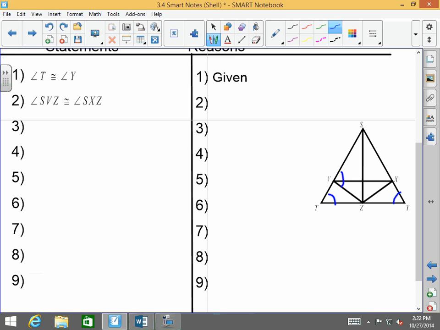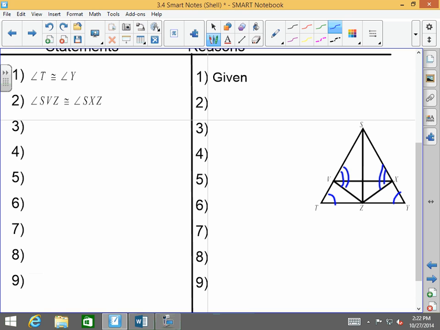So that means this guy is congruent to this guy. I'm trying to prove that segment SZ is a median to TY. So I know that eventually I'm going to have to prove that TZ is congruent to ZY.